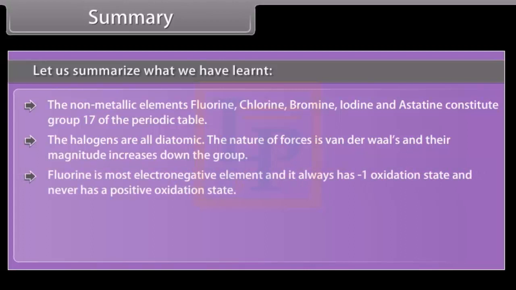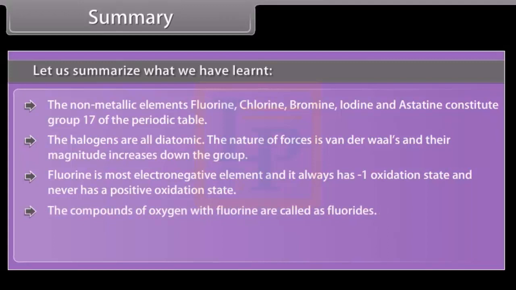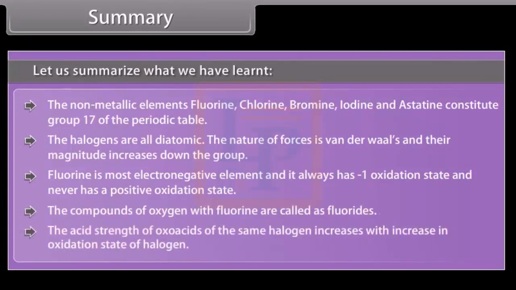Fluorine is the most electronegative element and it always has the -1 oxidation state and never has a positive oxidation state. The compounds of oxygen with fluorine are called fluorides. The acid strength of oxoacids of the same halogen increases with increase in oxidation state of halogen.